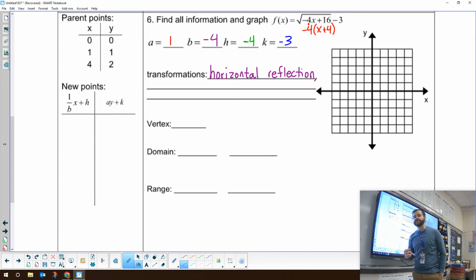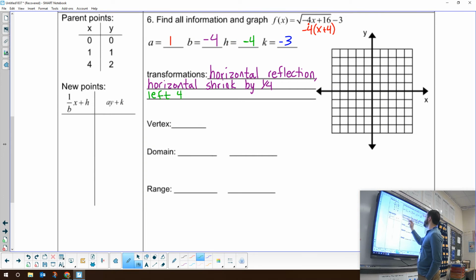So since it's a 4, that means we're going to have a horizontal shrink by 1/4.